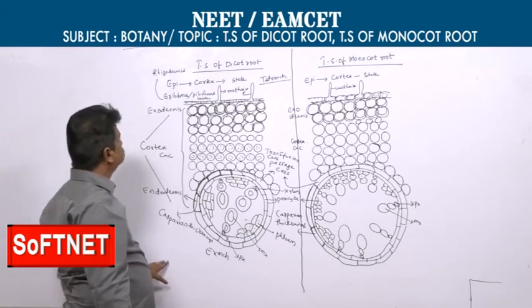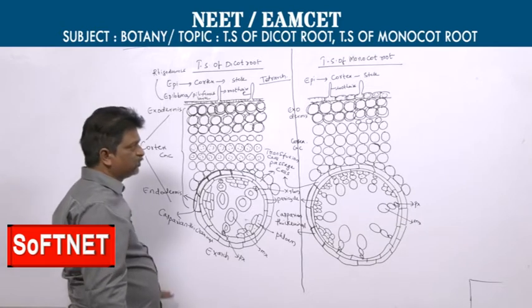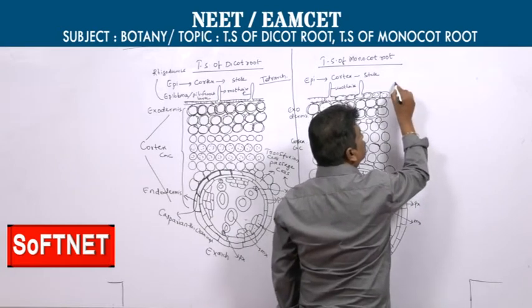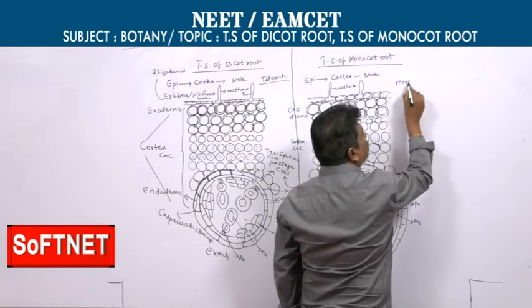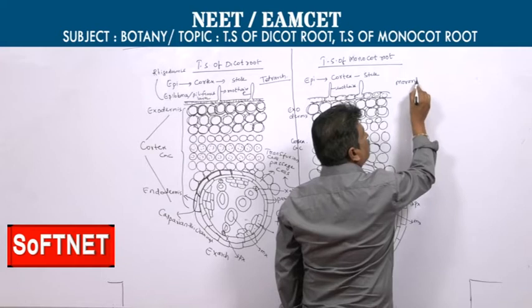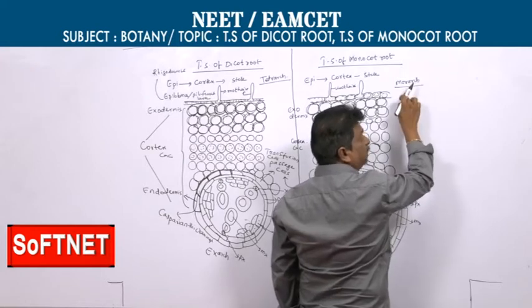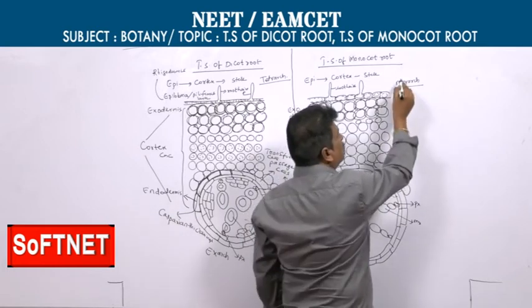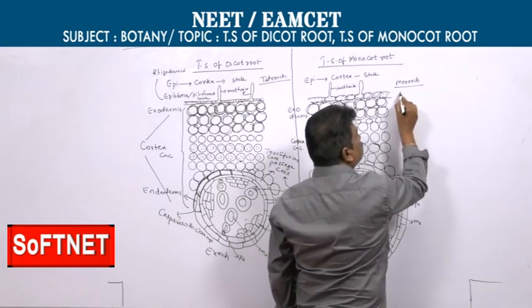But in some exceptional cases, only one vascular bundle in dicot root, called monarch.